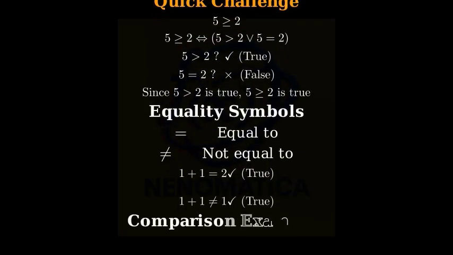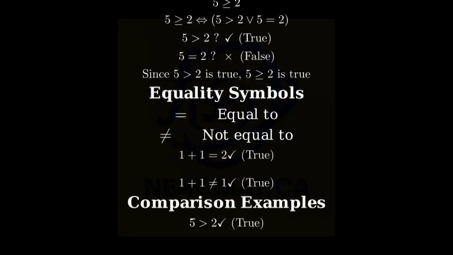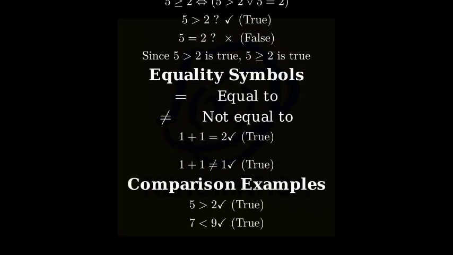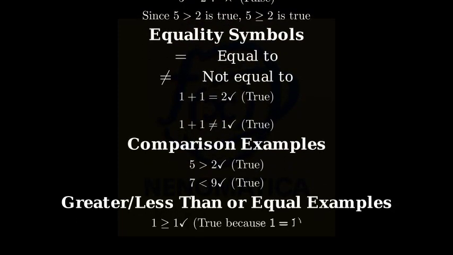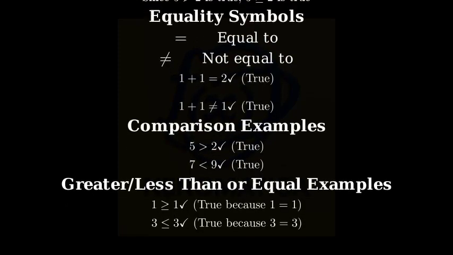For example, 5 > 2 is true, and 7 < 9 is also true. Finally, let's look at examples of greater than or equal to and less than or equal to symbols. For example, 1 ≥ 1 is true because 1 equals 1, and 3 ≤ 3 is also true because 3 equals 3.